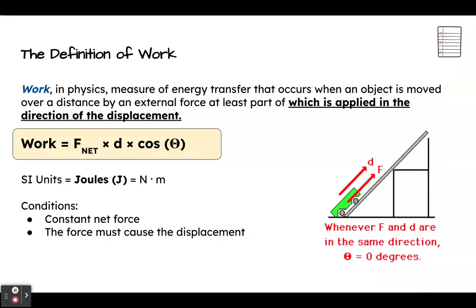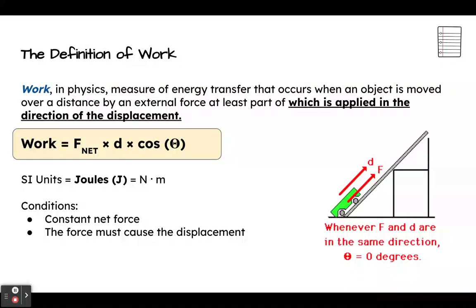That's actually very regular. In fact, a constant net force is kind of rare. But the reason we're only going to deal with constant net forces is because otherwise you would need calculus to solve your problems. And then the other thing is that the force has to cause the displacement.